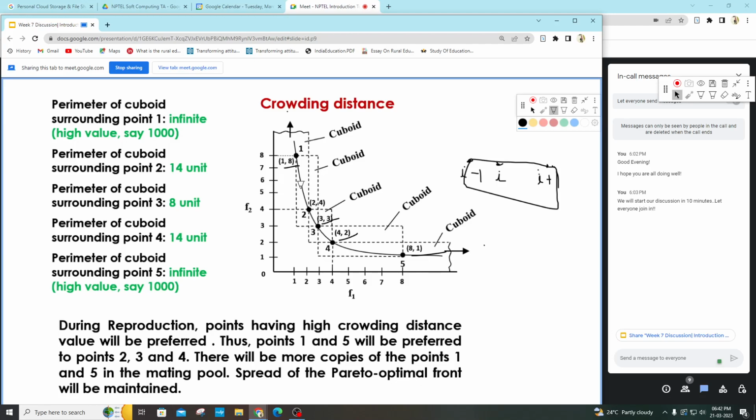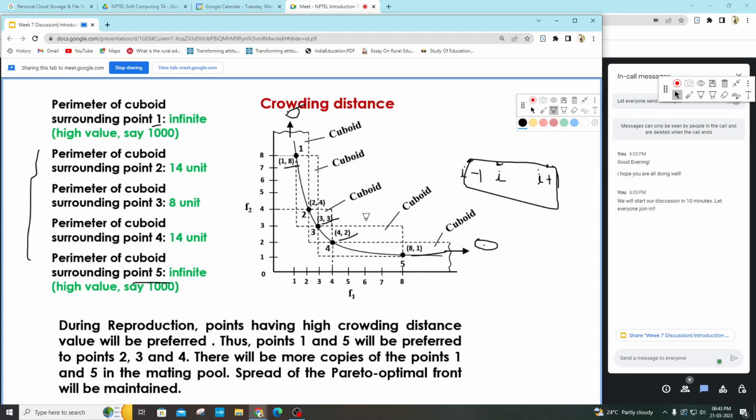So as we are not finding any other point here, we are assuming that there are other points that are very far away from this point. That is why we are taking the crowding distance of the first point, as well as the crowding distance of the fifth point, as infinite.